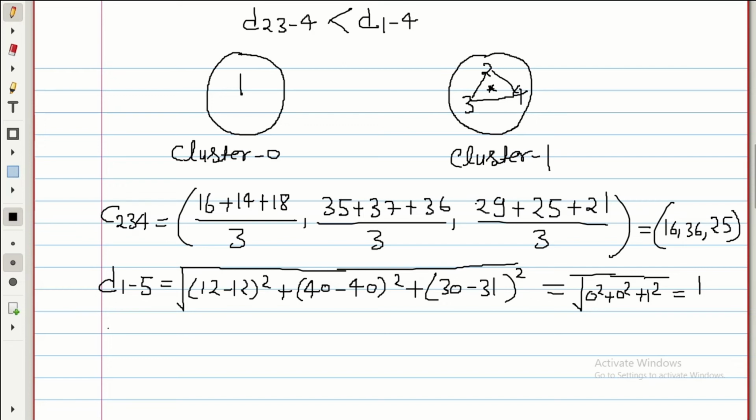Again, D of 2, 3, 4 to 5. I am writing here, actually this is the centroid of 2, 3, 4, the average of these 3, or you can say the midpoint of 2, 3, 4 to instance number 5. Now let us calculate it.